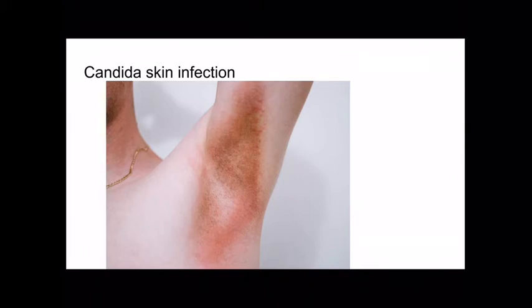But the worst thing about Candida, the most dangerous expression of it, is invasive candidiasis, which is when Candida gets into the bloodstream, and then it's very difficult to treat because it's resistant to antibiotics.